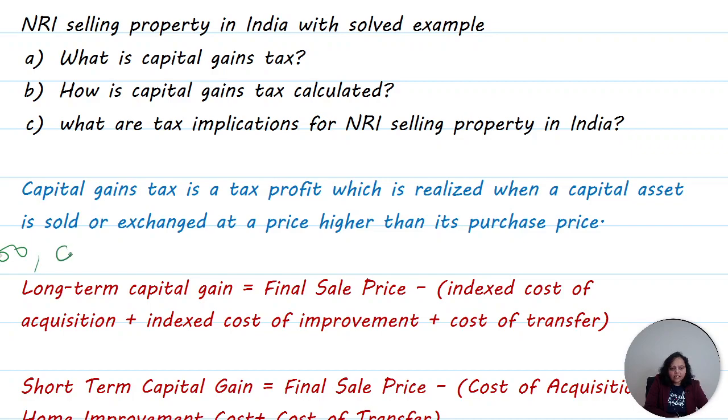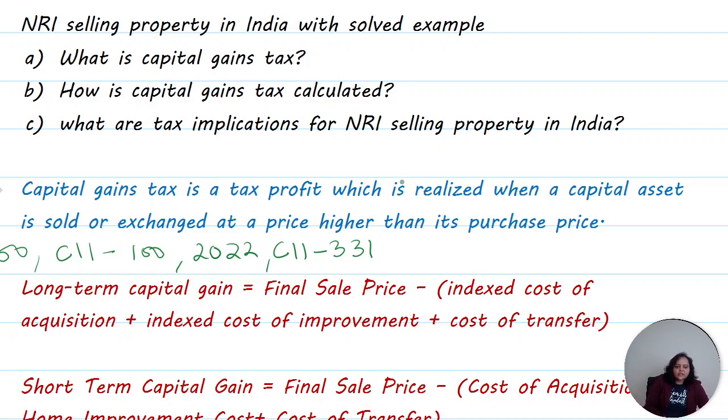Now, CII for the year 2000 is say 100. You are selling the property in the year 2022. CII for the year 2022 is 331. Now, these indices are published every year by the CBDT, Central Board of Direct Taxes.